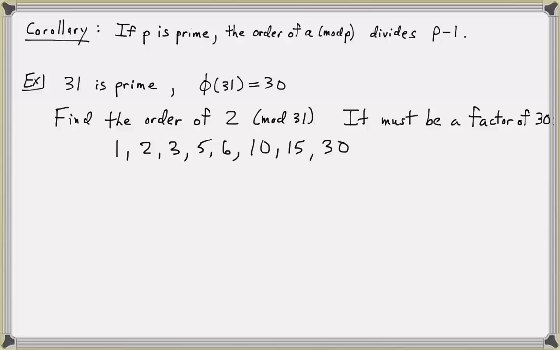So let's check the powers of 2. Well, if you multiply 2 times 2 times 2 times 2, we see that the first power that is 1 mod 31 would be 2 to the 5th.